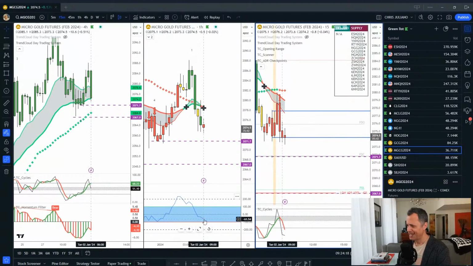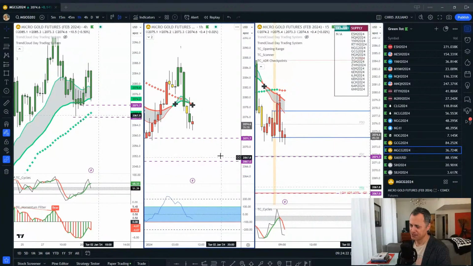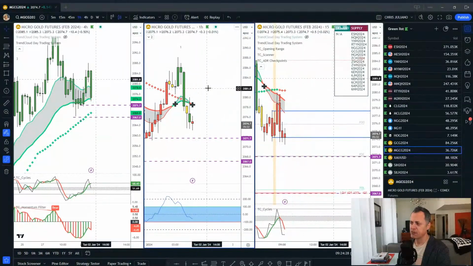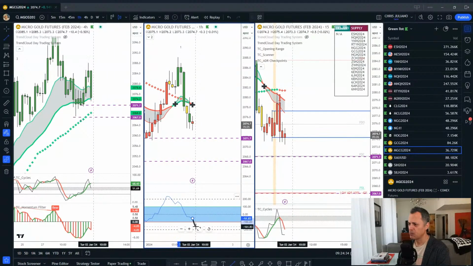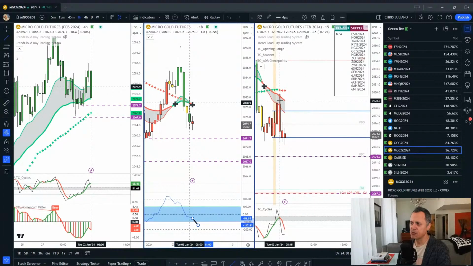We don't quite have momentum on that CCI yet, so we're going to have to leave gold alone until we start seeing some breaks of structure to the upside. Or if we break below here, once we break below CCI, we can start taking these short signals on gold.